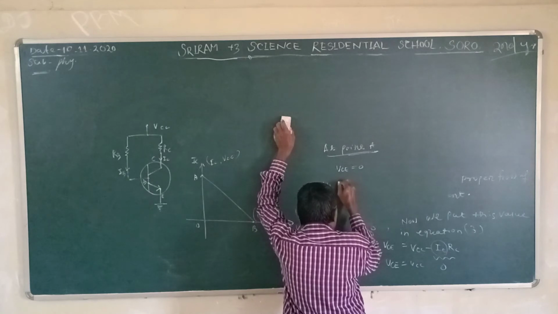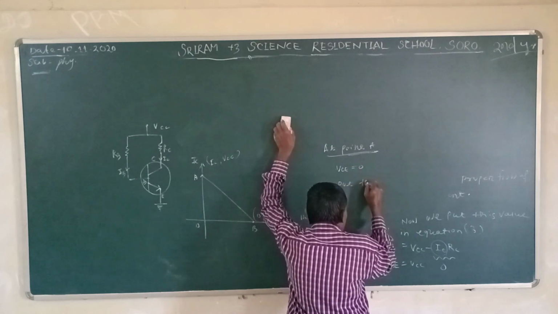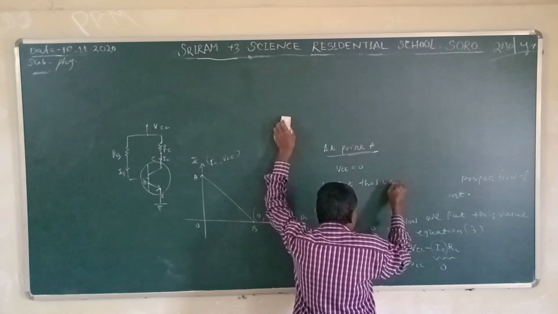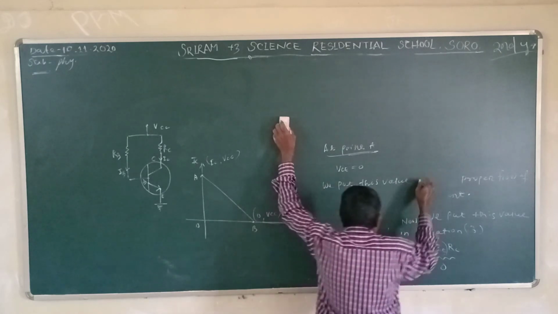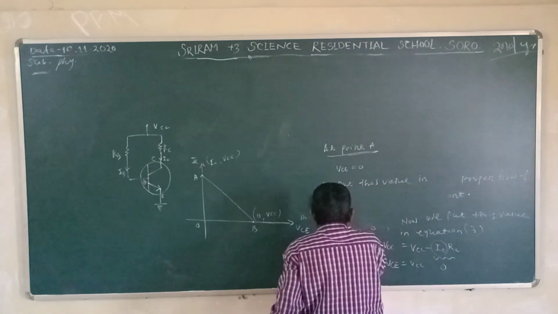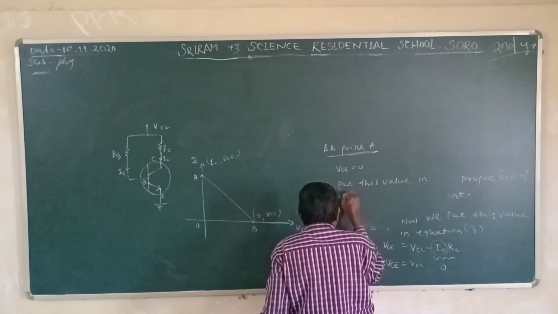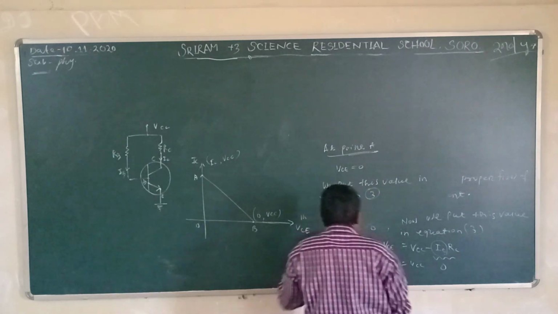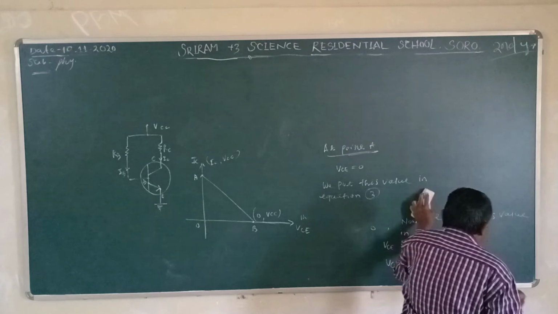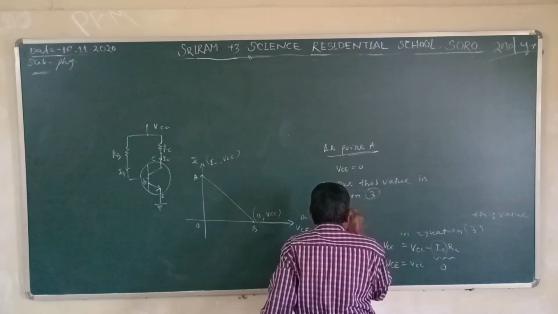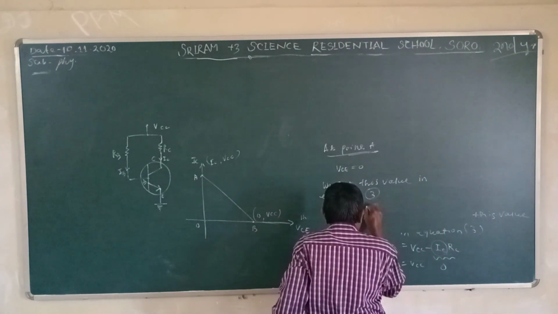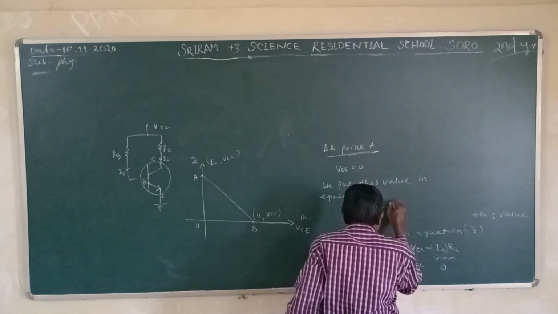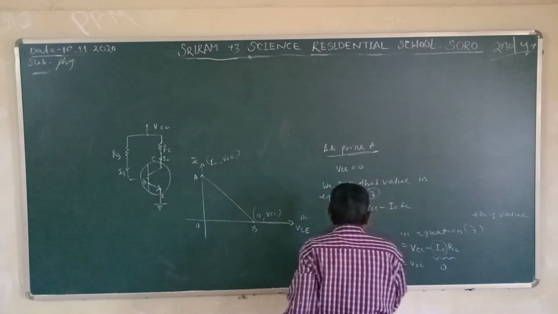We put this value in equation 3: VCE equal to VCC minus ICRC.